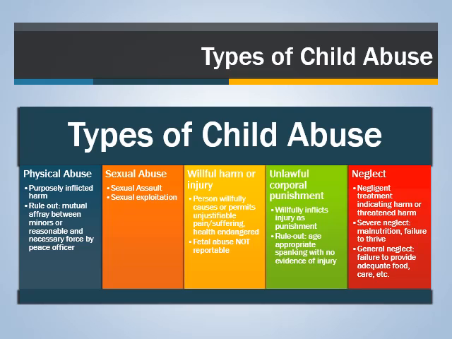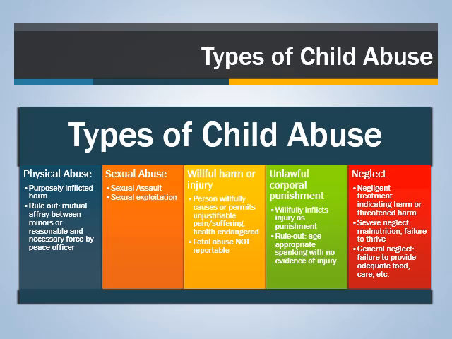Neglect: there's severe and general neglect. Severe is when physical needs are not being met, they're in danger in terms of shelter and malnutrition. General is more that they're not providing adequate food and supervision, but there's no physical injury yet. You also want to know about willful cruelty or unjustifiable punishment.